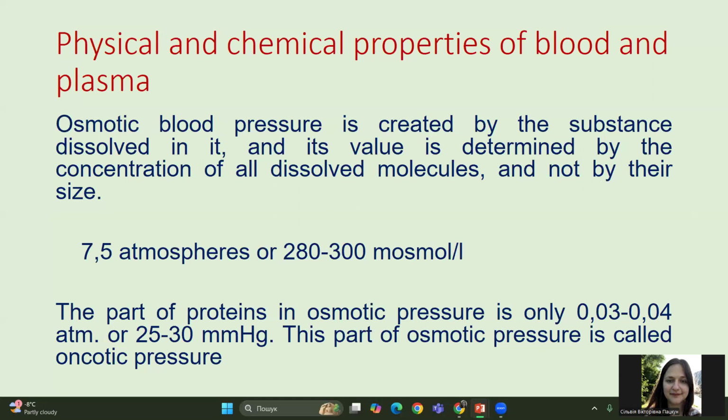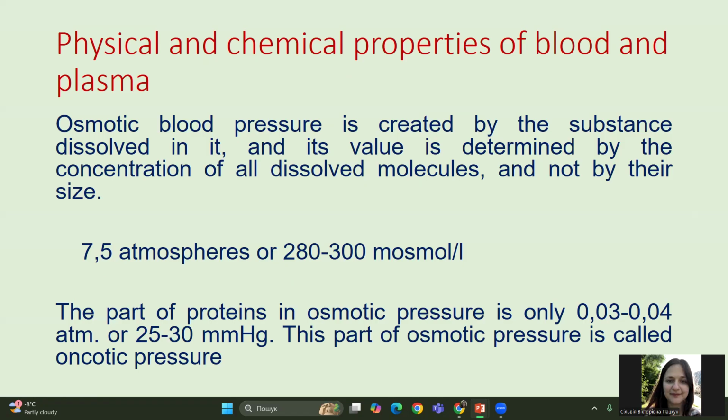Normal value for osmotic pressure is 7.5 atmospheres or 280 to 300 milliosmoles per liter. The part of proteins in osmotic pressure is only 0.03 to 0.04 atmospheres or 25-30 millimeters of mercury column. This part of osmotic pressure is called oncotic pressure.